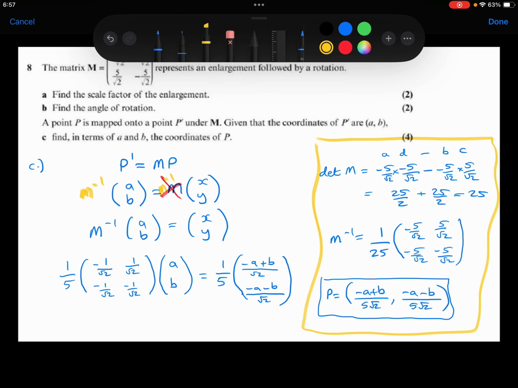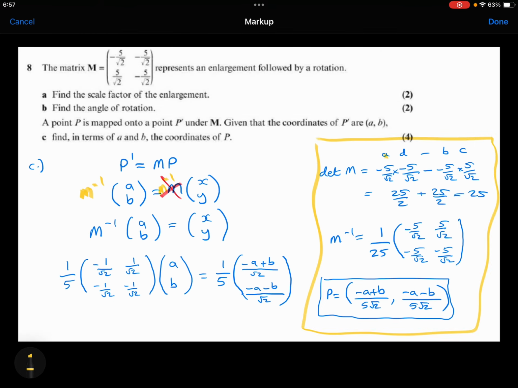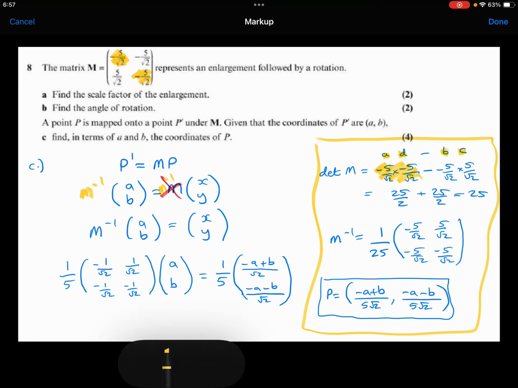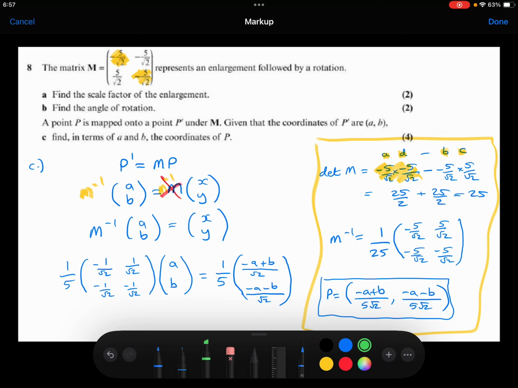I first worked out its determinant by doing A times D minus B times C, which gives 25 over 2 plus 25 over 2, which is 25. So the determinant of that matrix is 25.